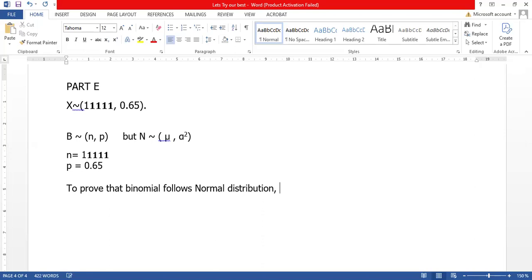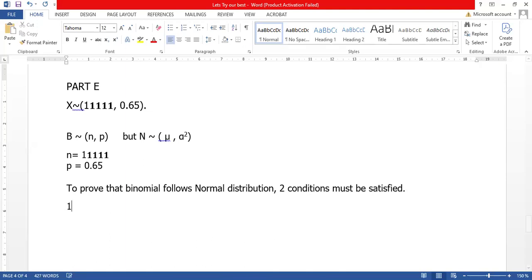As a must, both of these two conditions must be satisfied.